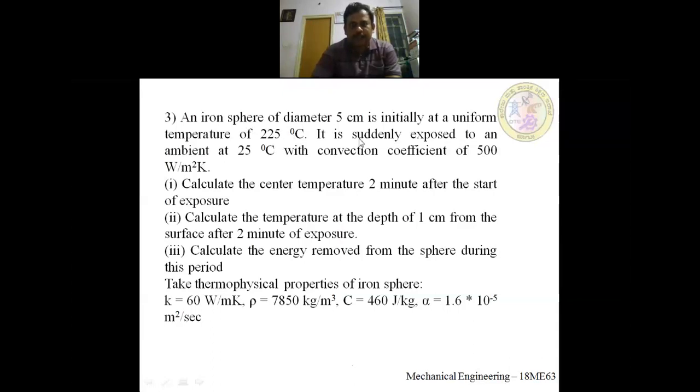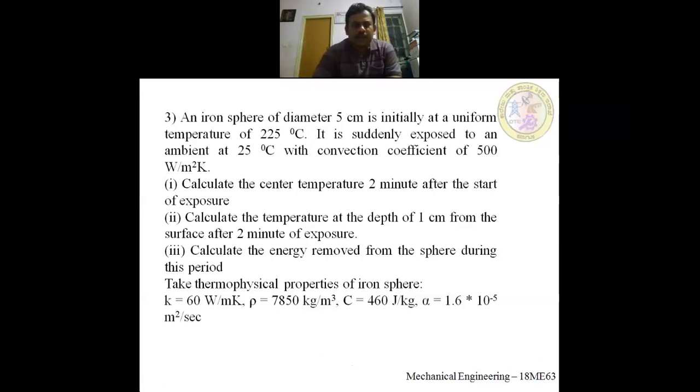It is exposed to ambient T infinity 25 degree with convection coefficient of 500 watt per meter square Kelvin. You have to calculate center temperature 2 minutes after, and temperature at a depth of 1 centimeter from the surface after 2 minutes of exposure, and energy Q. Also properties they have given: K, rho, C, alpha.